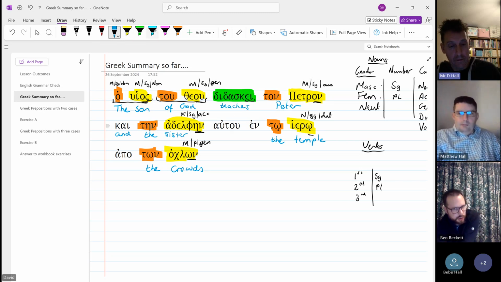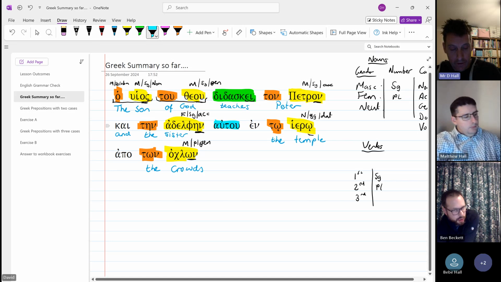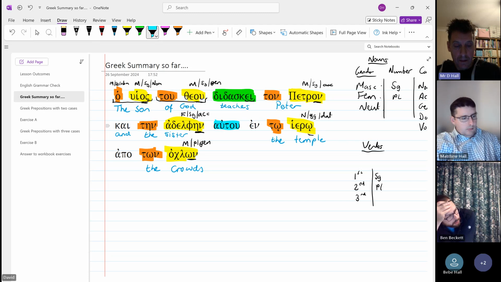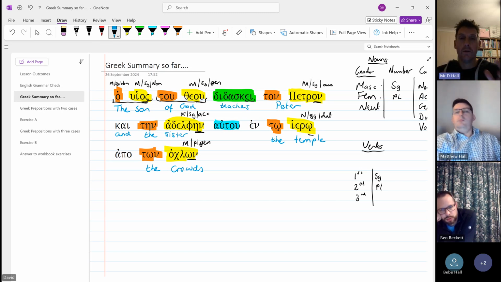Now this is a pronoun. I can't remember if they were blue in the previous slide, but let's say they were. So the pronoun here, autou, has its own endings, and in terms of the endings here, they will match very much the endings of the masculine, feminine, and neuter nouns, so we can work out which one it's referring to.